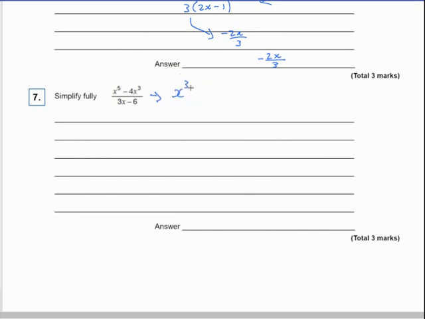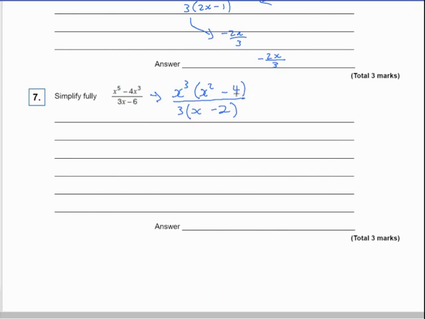That's the biggest thing we can take out. And that multiplies by x squared, because x cubed times x squared is x to the 5 minus 4. And then at the bottom we have 3 open bracket x minus 2. 3 times x is 3x, 3 times minus 2 is minus 6.